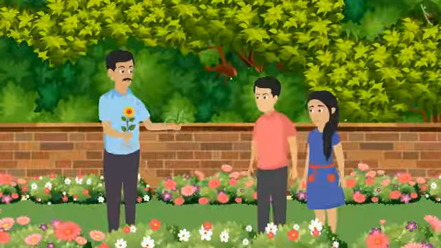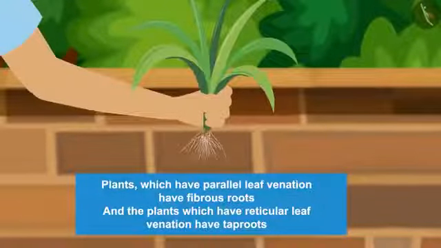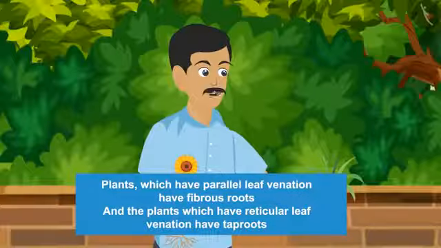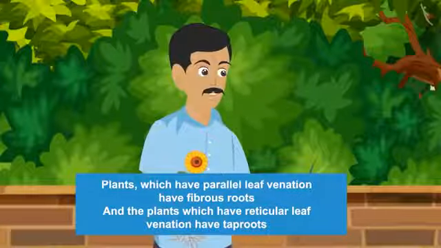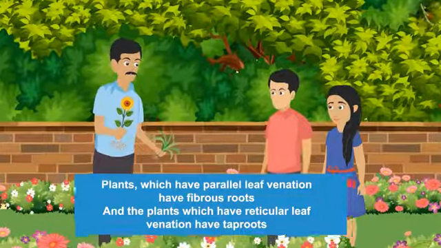Children, have a look. The grass plants, which have parallel leaf venation, have fibrous roots. And the plants which have reticular leaf venation have tap roots.